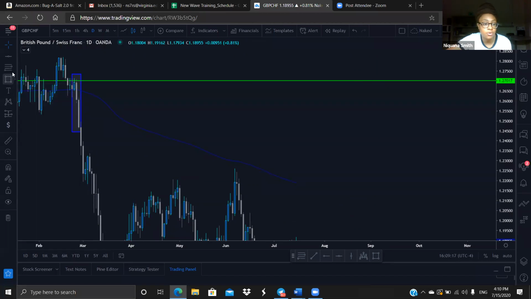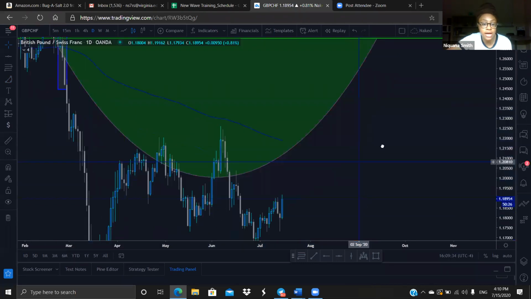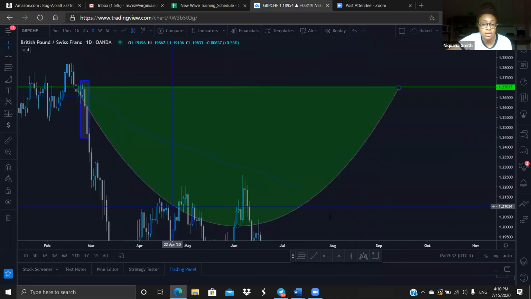I'll show you what I'm talking about. It's not actually going to look like this nice round shape, but in theory, price comes all the way around, hits this area, and sells off of it.